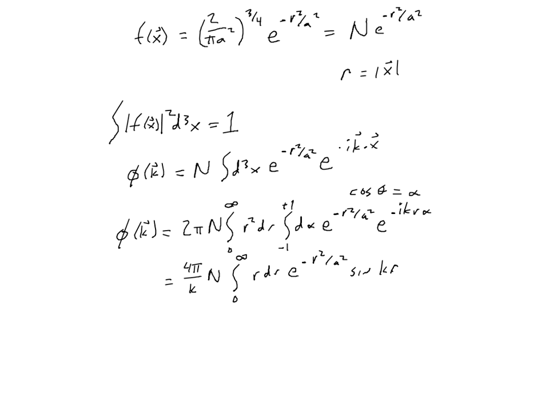So after I had this, I can integrate this from 0 to infinity, and I have this sine function. But what I found is it's easier to deal with this as an exponential. So I take this, and I make it 4 pi over k n over 2i.